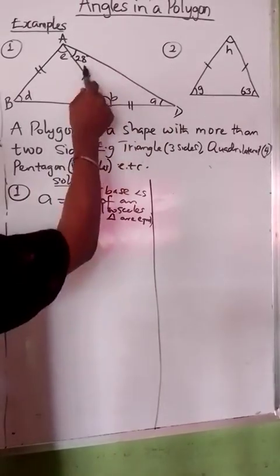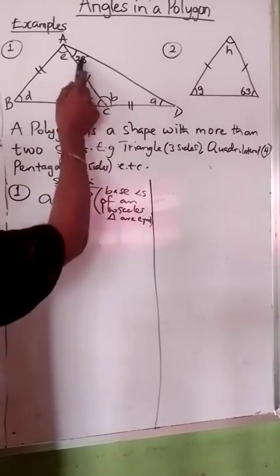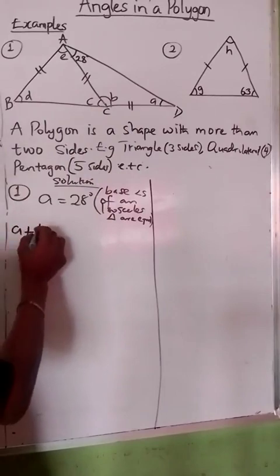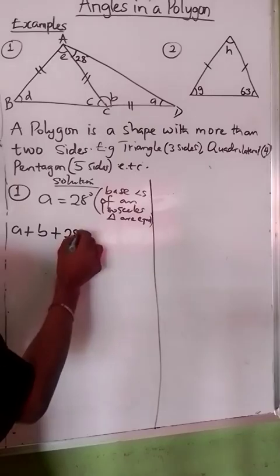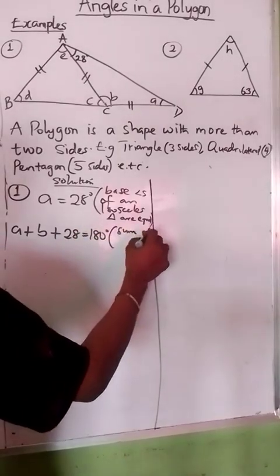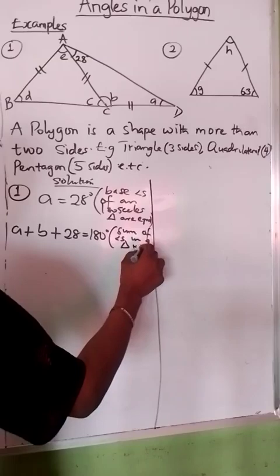Tri means three. So the sum of the angles in a triangle equals 180. Meaning that A plus B plus 28 degrees equals 180.